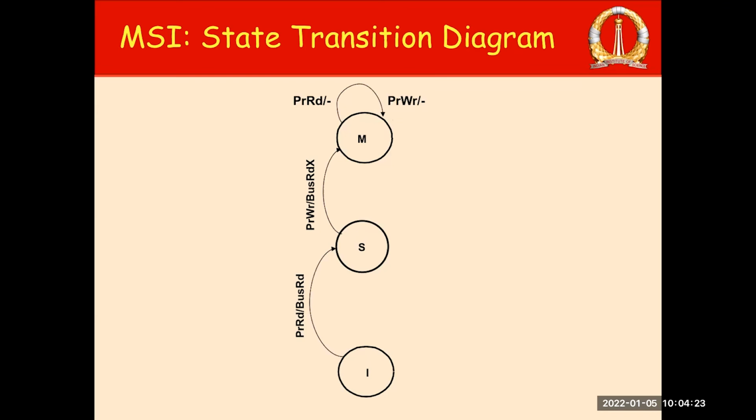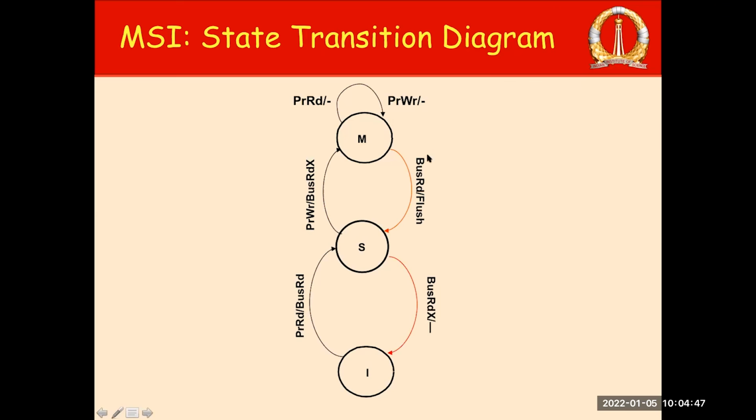Now, when the processor is holding this data in the modified state, let's say some other processor wants to read this particular block. Then that read would cause a bus read signal, which is going to be snooped by this processor.